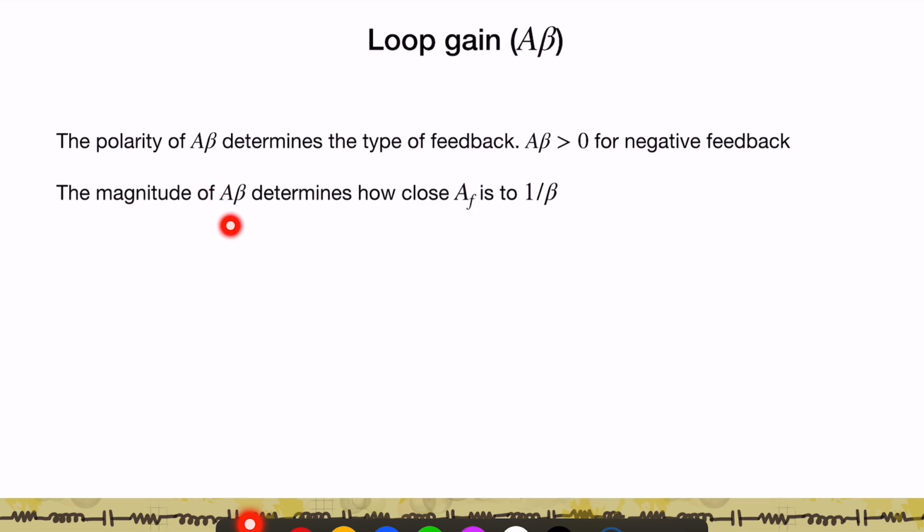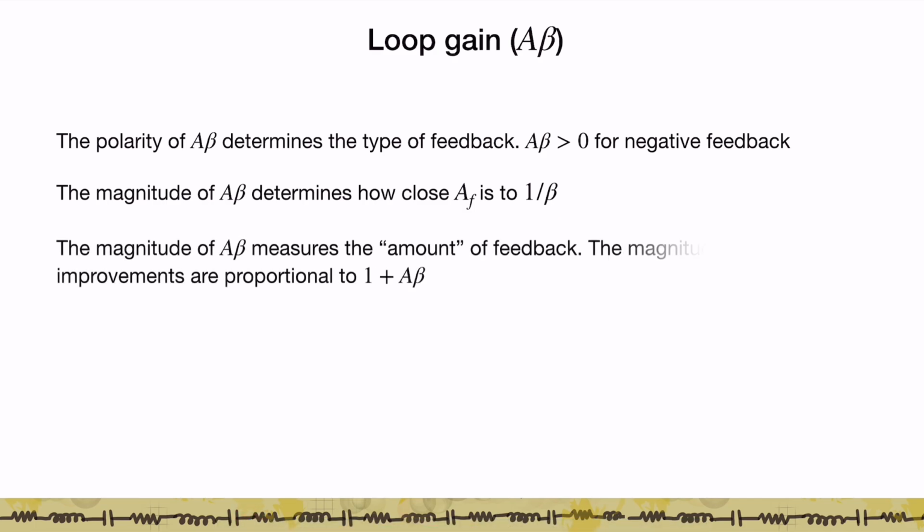So therefore, the magnitude of A beta determines how close this AF is to 1 by beta. So if A beta is very large, then you can approximate AF to be 1 by beta. And so the magnitude of this A beta is essentially a measure of the amount of feedback. The more the value of A beta, the more feedback is happening in the circuit.